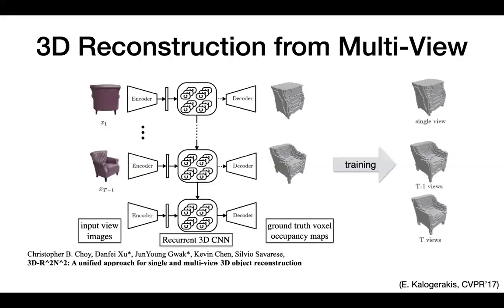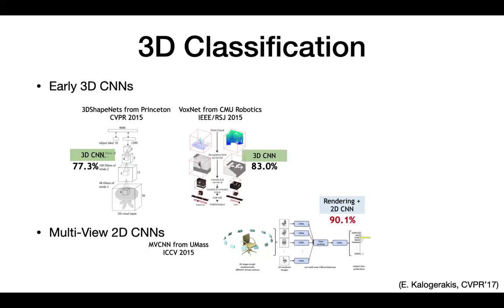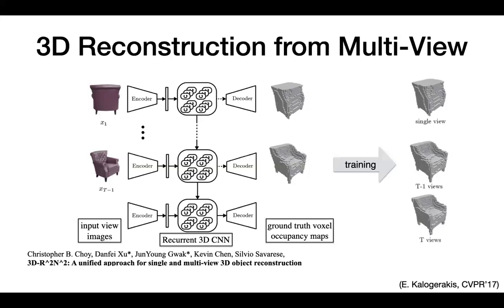So now let's go to 3D reconstruction from multi-view, because here we had a pure 3D classification, and here multi-view classification. So why not combine these two things for reconstruction? And this work is an example of that.